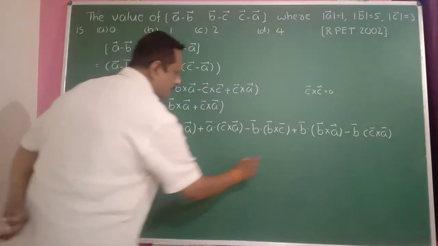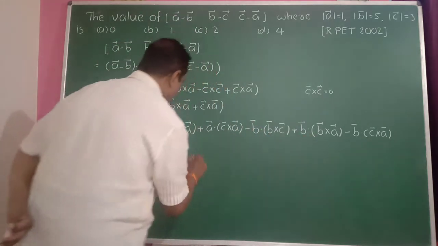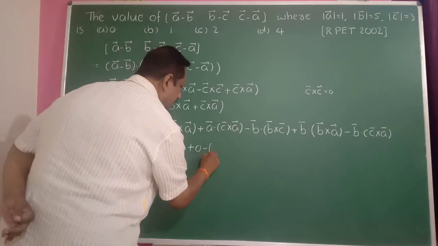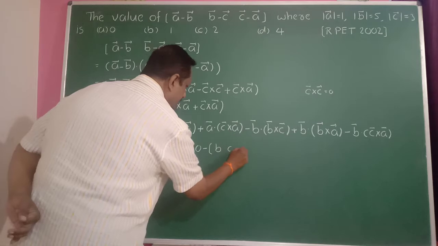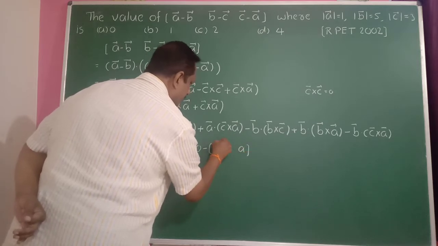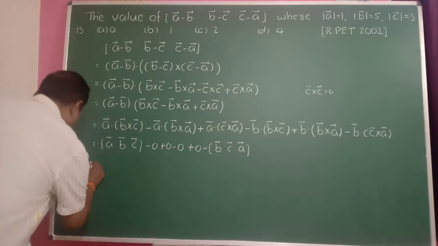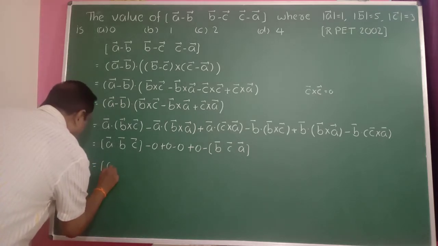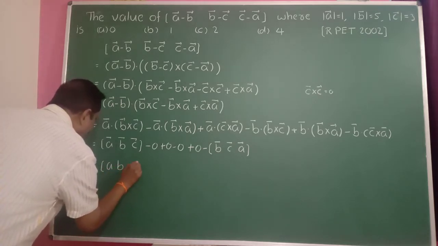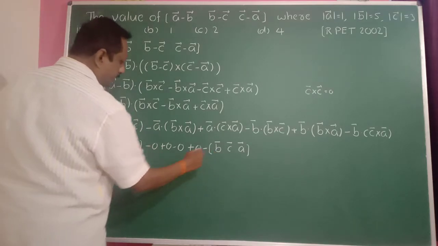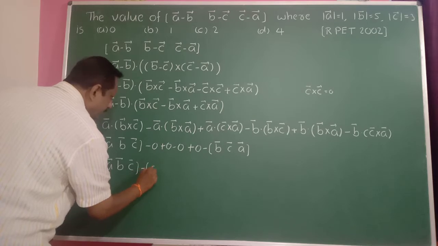Here also b bar and b bar are the same vectors, so this is also 0, and the last one can be written as [b c a]. Therefore this scalar triple product ABC stays as it is, and BCA is nothing but ABC.